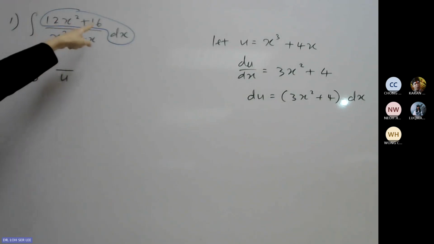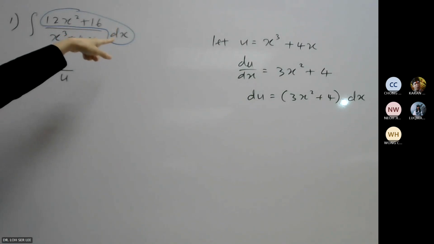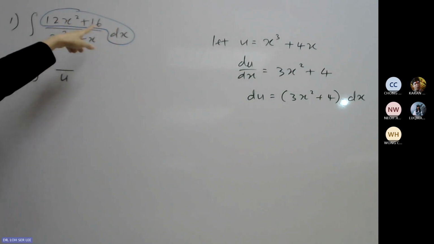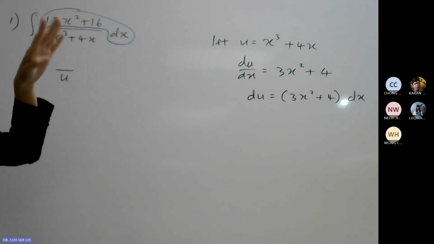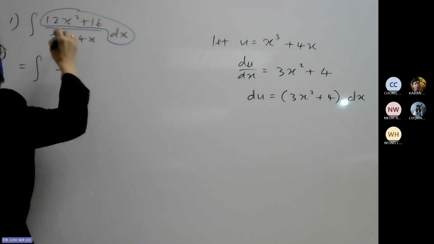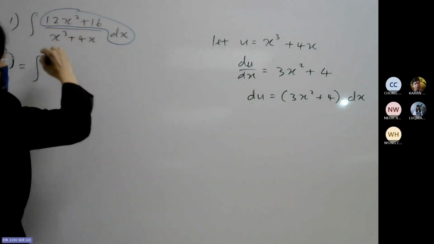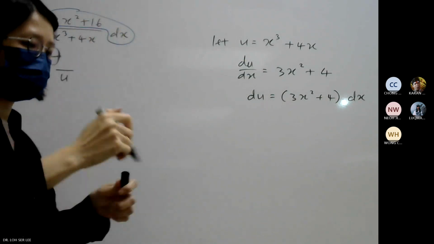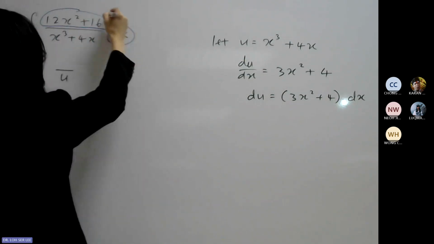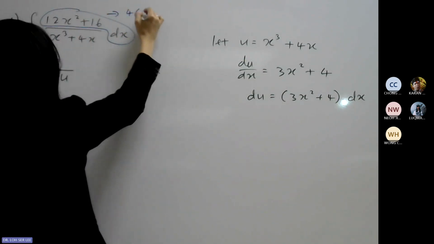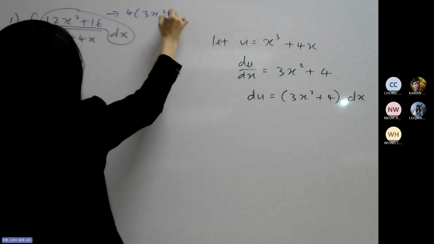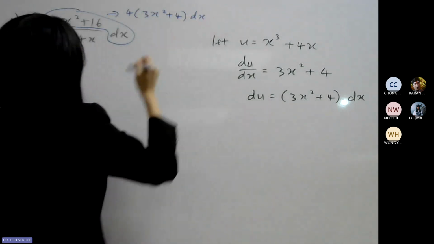Factorize. You factorize the 4, right? Yeah. Okay. So when you factorize the 4, you have 3x squared plus 4 dx.